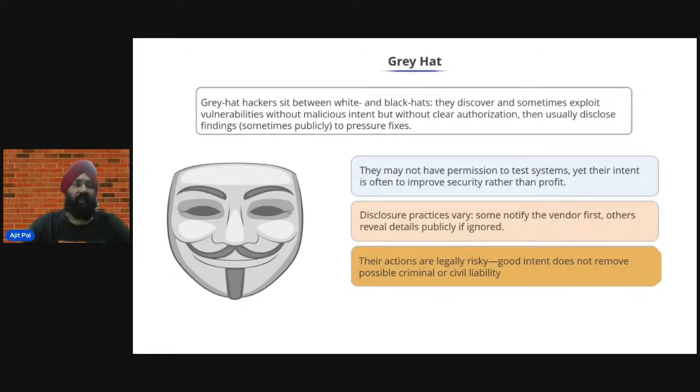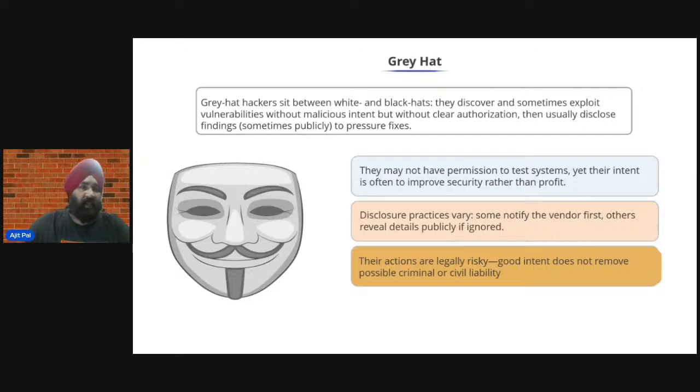They go ahead and exploit that, and once they have proof, they show that proof in a responsible manner to the company officials. They may not have permission to test systems, yet their intent is often to improve security rather than profit. Disclosures may vary. Some notify the vendor first, others reveal details publicly if ignored.